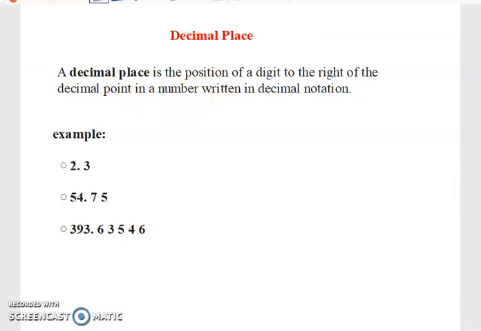So a decimal place is the position of a digit to the right of the decimal point in a number written in decimal notation.